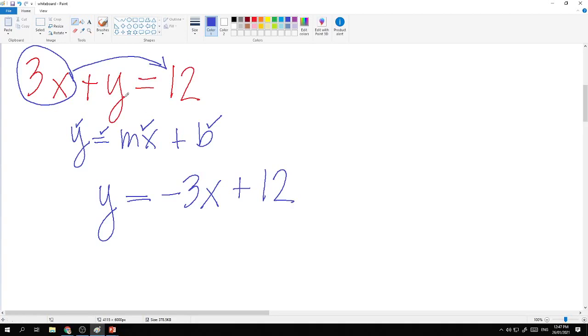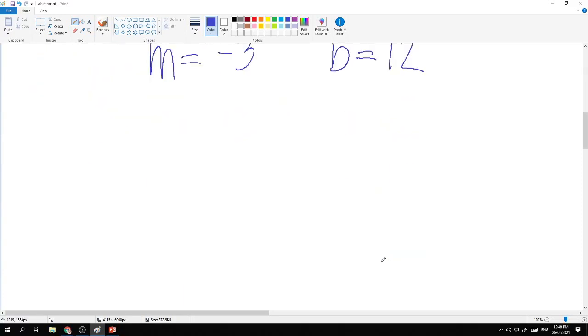So the y and the 12, just bring them down. So what is the slope now? Negative 3. What about the y-intercept? 12. There you have it. Okay? Let's have more examples.